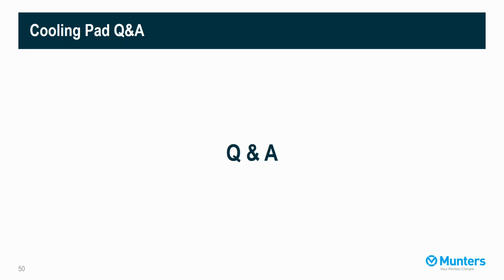So one, what is the distance that a shade screen should be installed before the pad, or between the pad and the shade screen? What should that be? Do you have a recommendation?